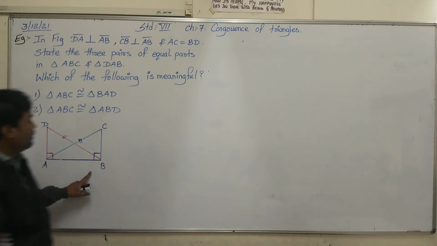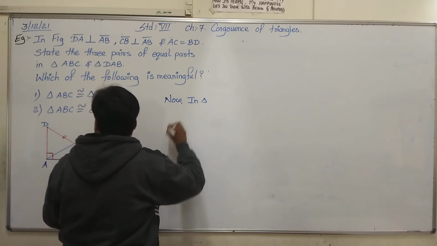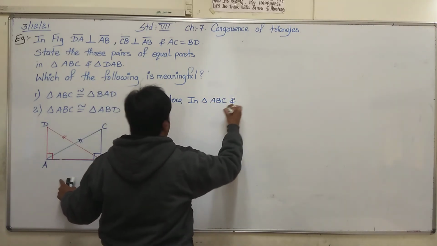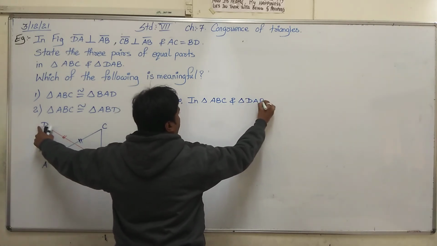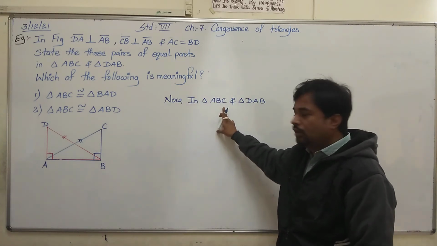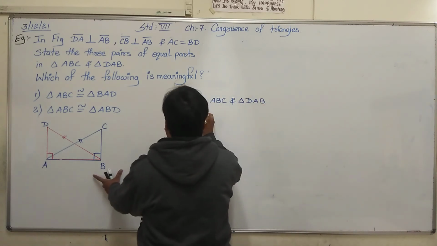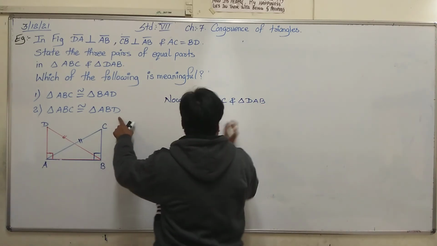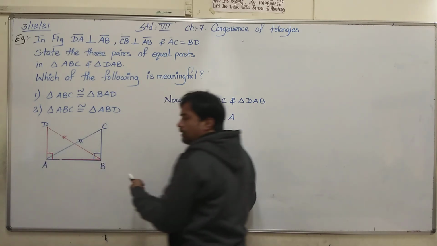State the three pairs of equal parts in triangle ABC and DAB. Right? So now, in triangle ABC and triangle DAB, ABC is the blue one, DAB is the red one. So we can say that angle B of ABC is same as angle A of DAB.